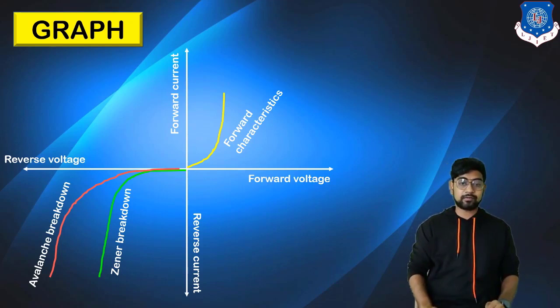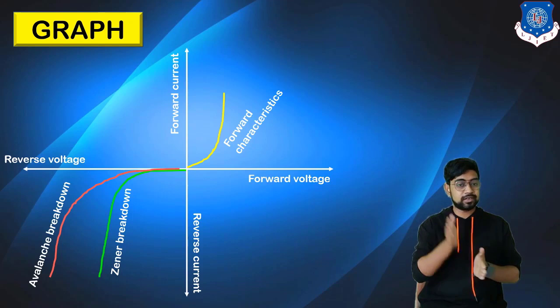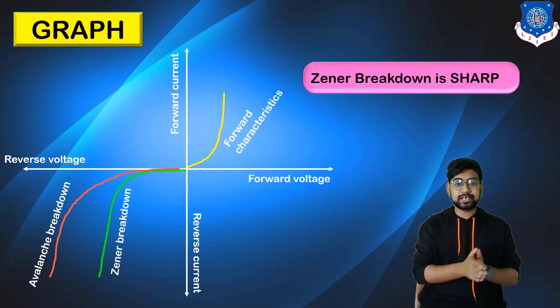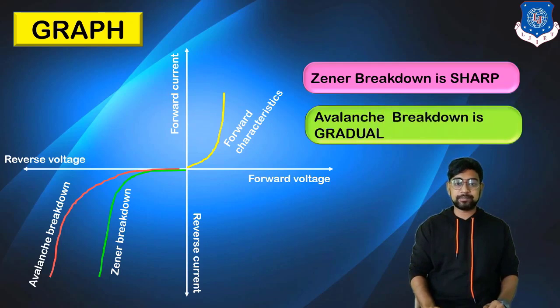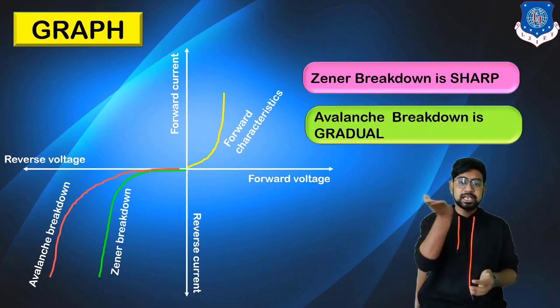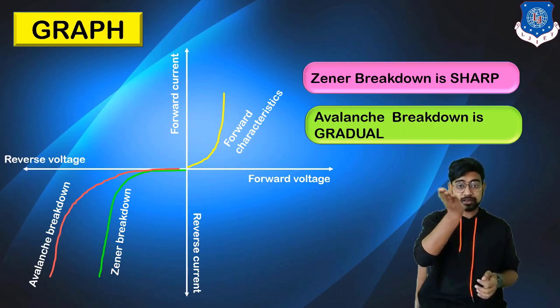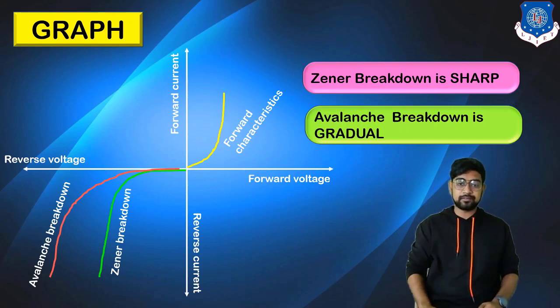This is the basic graph of the Zener diode in the forward and reverse direction. Zener breakdown is sharp in nature, while avalanche is gradual because of the chain reaction, whereas Zener happens because of the instant electric field developed.